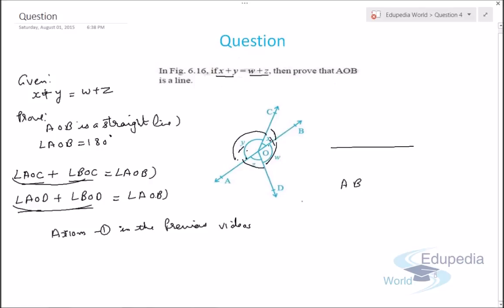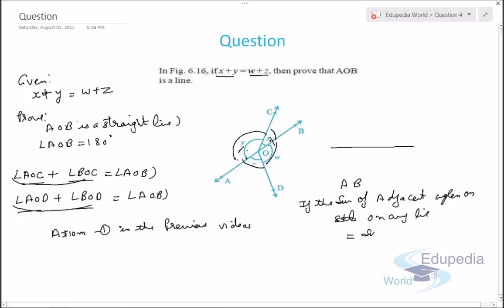Means, let me write, if the sum of adjacent angles on any line is equal to the sum of adjacent angles on the same line but on opposite sides, so that represents a straight line.